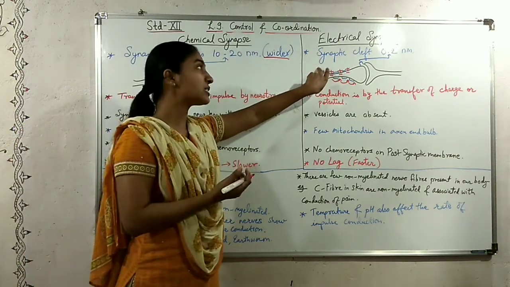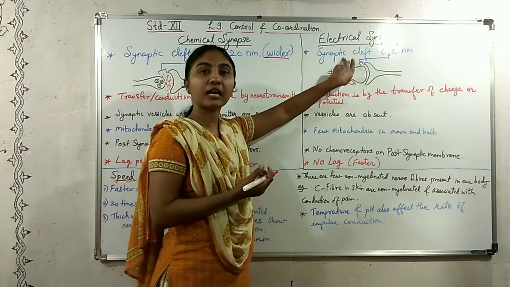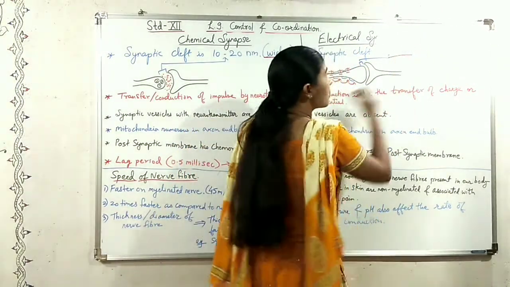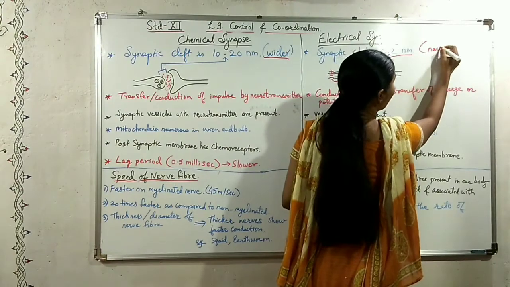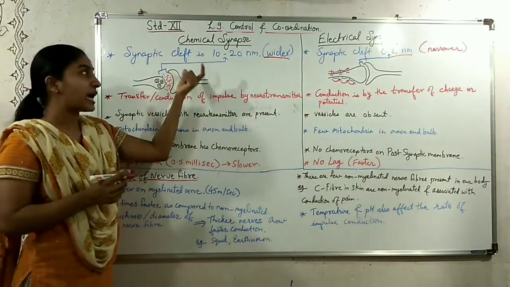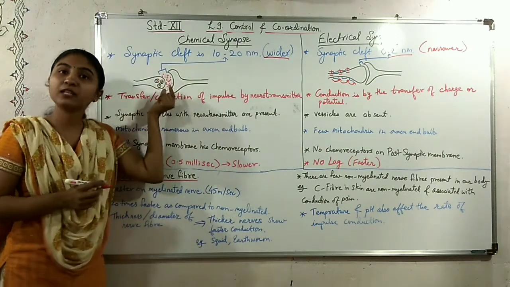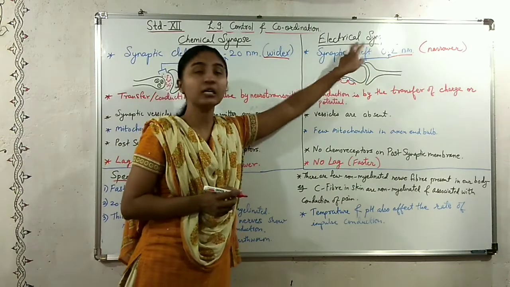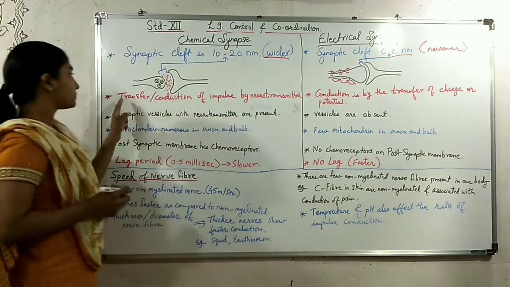That means it is wider. Whereas in the electrical synapse, the synaptic cleft is about 0.2 nanometers. This is narrower as compared to the chemical synapse. The synaptic cleft in the chemical synapse is wider than in the electrical synapse.